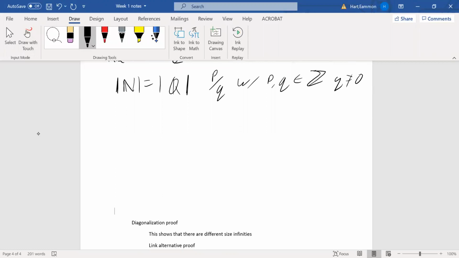So how are we going to do this? Well, we can write every element of, we can do 0 over 1.